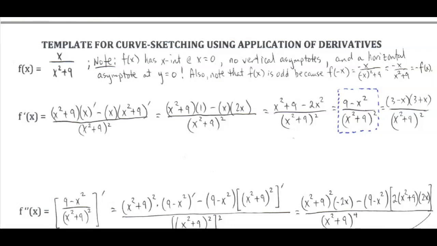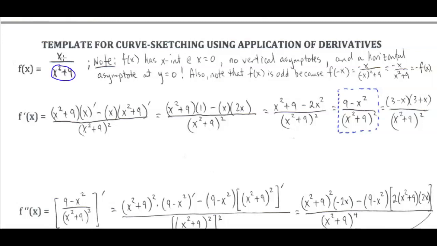Okay, so notice here, because the numerator only has x in it, that lets me know that x equals 0 is going to be the only x-intercept I have. Since x squared plus 9 can never be 0, no matter what real number value for x you plug into it, I know that we're not going to have any vertical asymptotes, as many rational functions do.